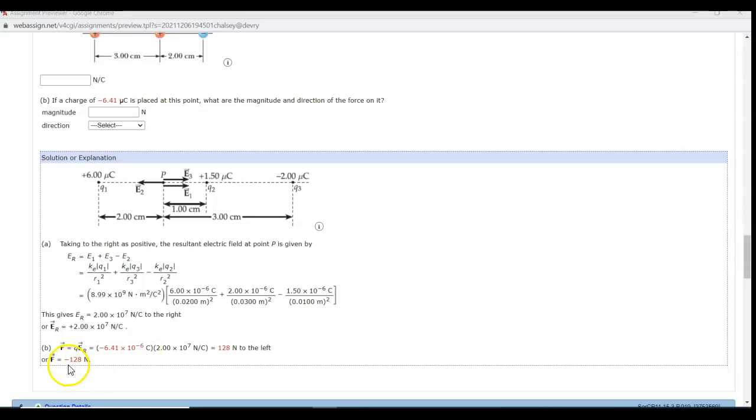So that gave me a negative 128 newtons, so that would be to the left. So the resultant vector is actually in this direction, or yeah, the force is in that direction.